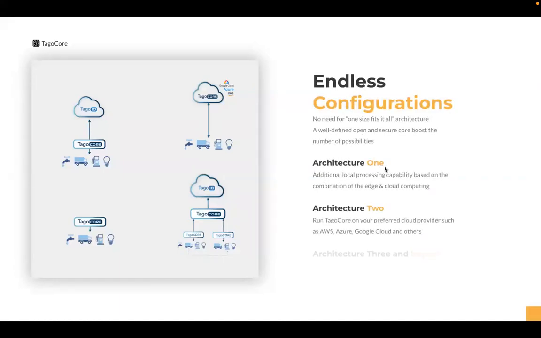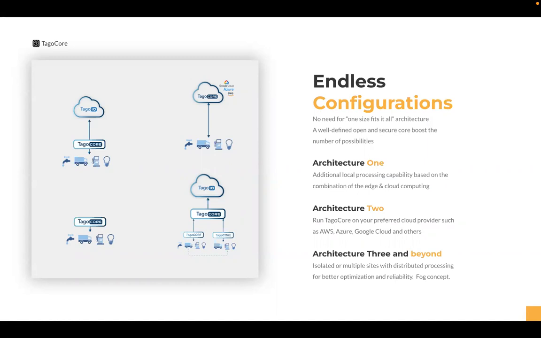TagoCore is very diverse. It is very dynamic in the sense that there are multiple ways for you to install and use TagoCore. So for instance, you can install on the edge, which is the purpose of this webinar, but you can also install it in the cloud. On the edge, of course, it is faster because you have the advantage of being closer to you.